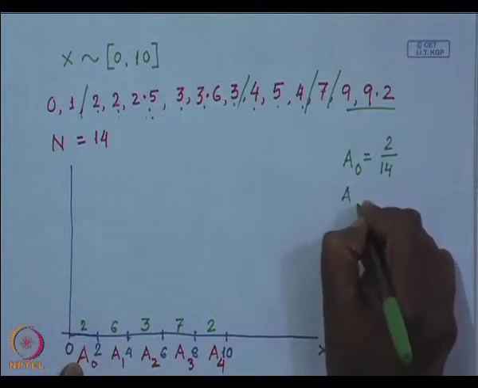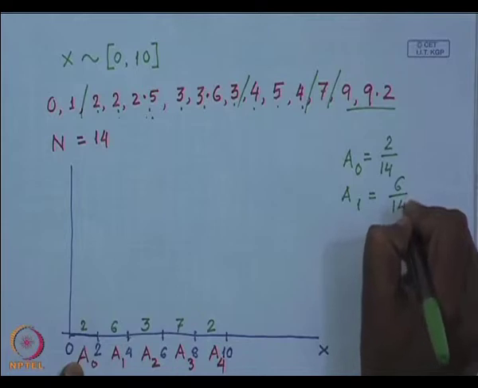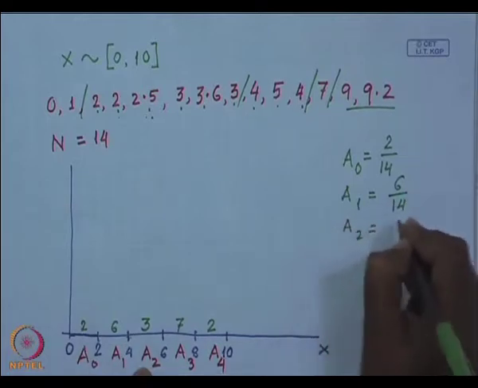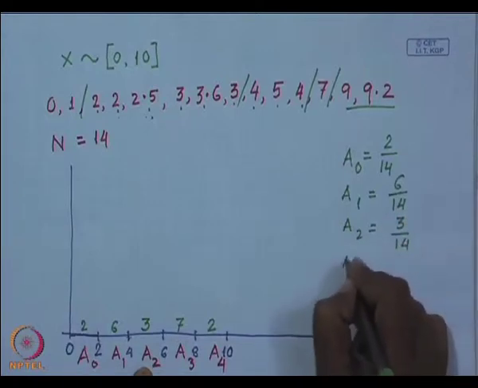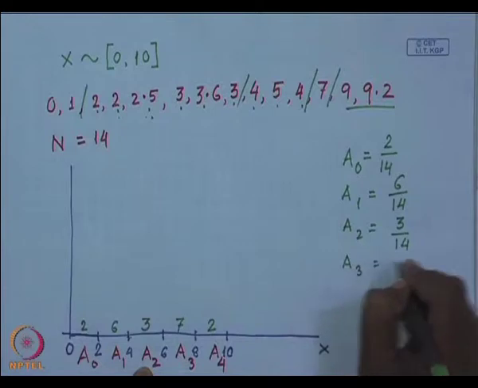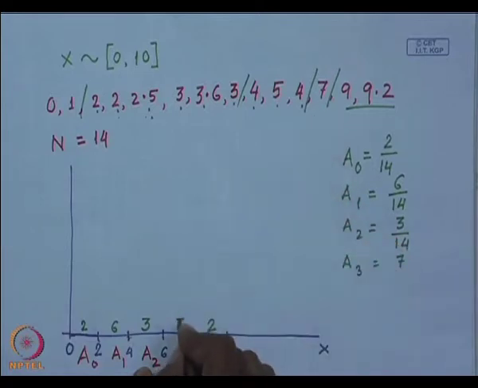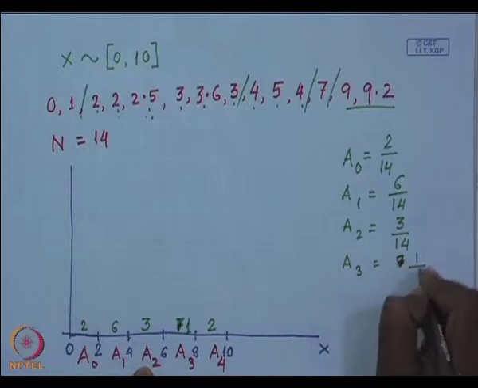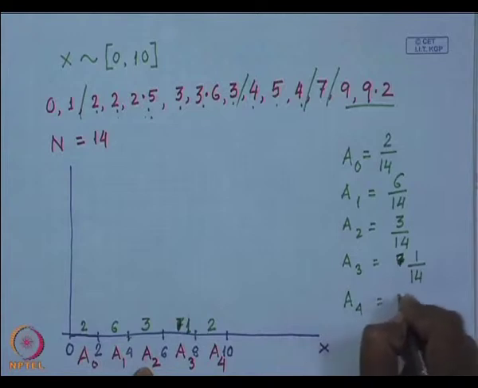Similarly, A 1 will be 6 by 14. A 2 will be 3 by 14. A 3 will be 7 by 14. Sorry, here I had only one sample, not 7 samples. So, it will be 1 by 14, and A 4 will be 2 by 14.